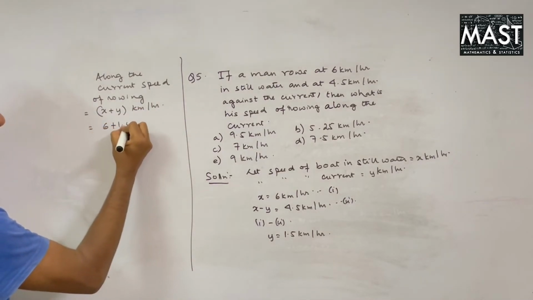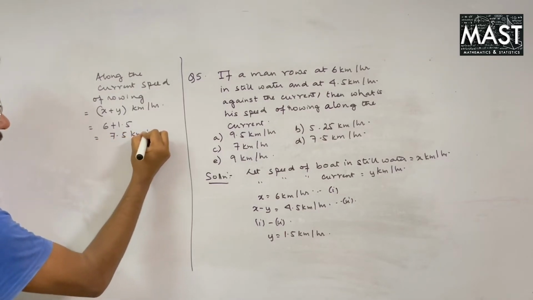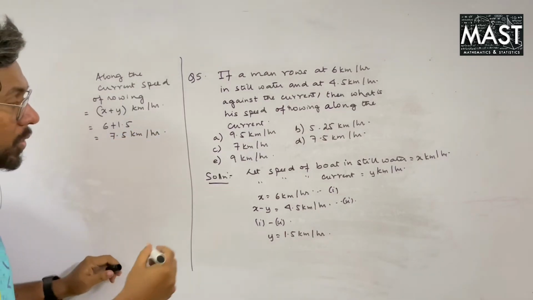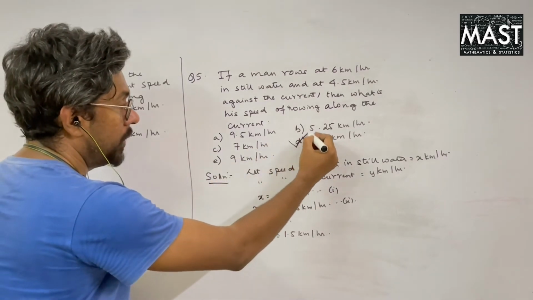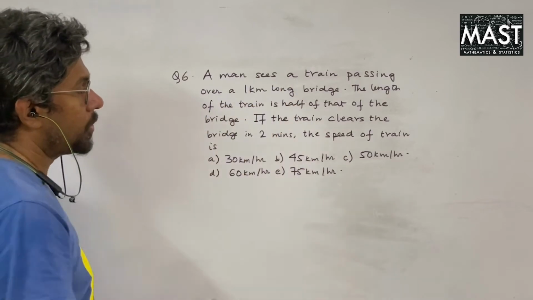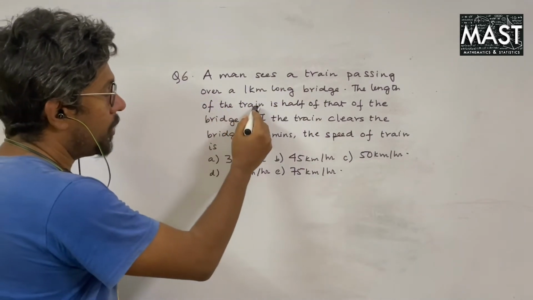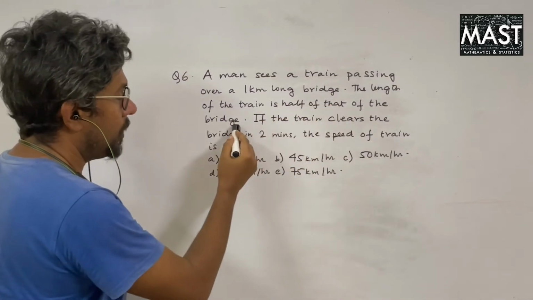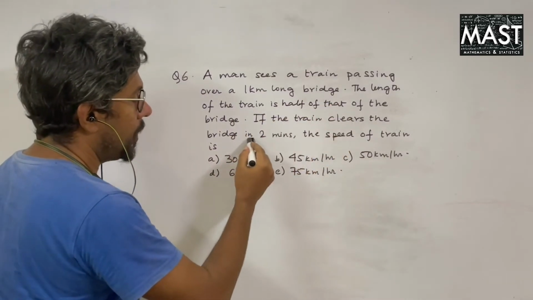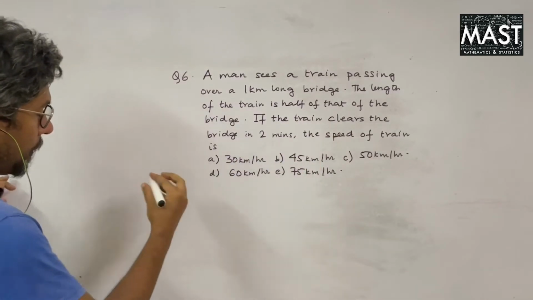So his speed would become 6 plus 1.5, which is 7.5 kilometer per hour. So the option would be option D. The next question is, a man sees a train passing over a 1 kilometer long bridge. The length of the train is half of that of the bridge. If the train clears the bridge in 2 minutes, the speed of the train is, and here are the options.